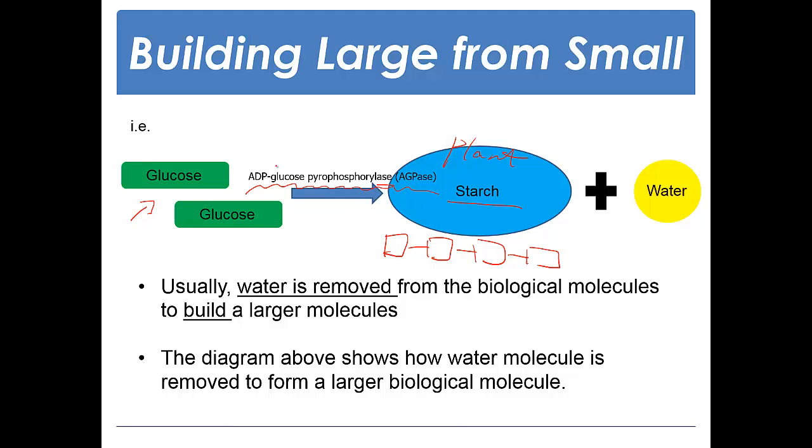Anyway, the reaction here should be well known by you, and the new thing is just knowing there is water removed from the molecules, that means from the glucose, so that the water will be out from the starch itself. And the name for this chemical reaction is called condensation. Let's put this down. Condensation is very familiar to you, isn't it?